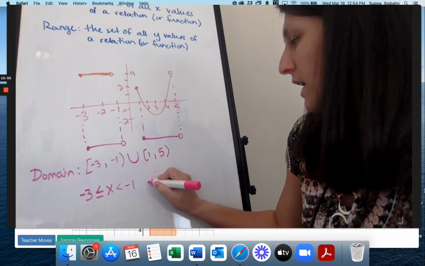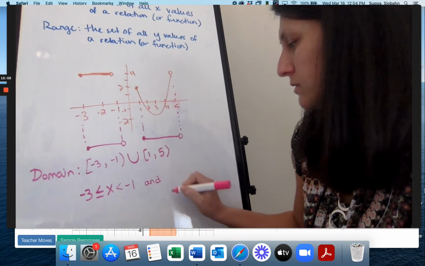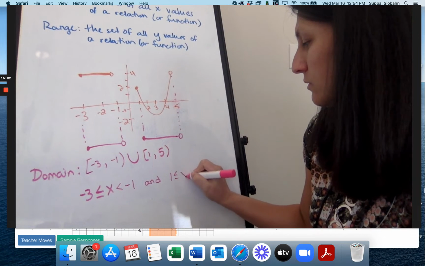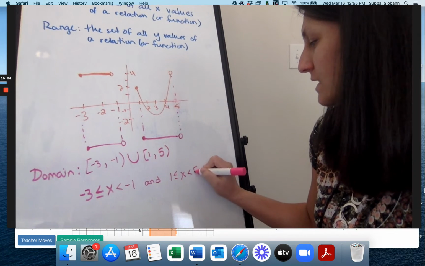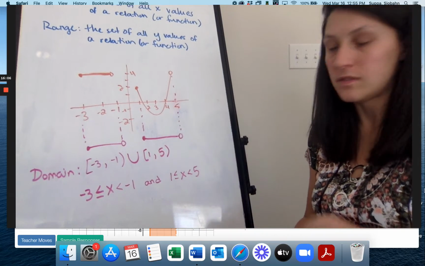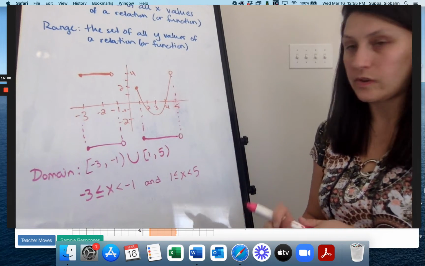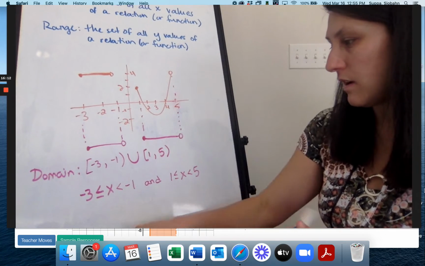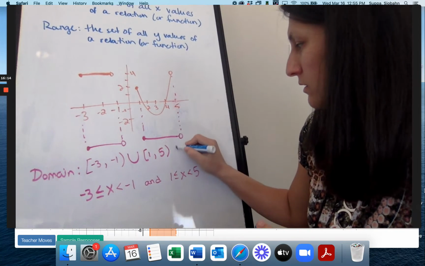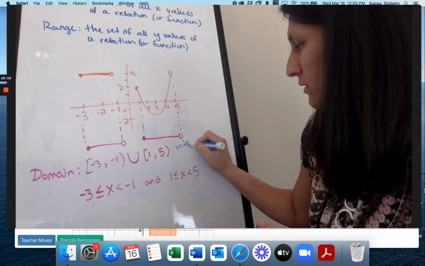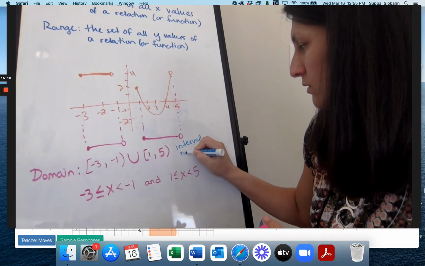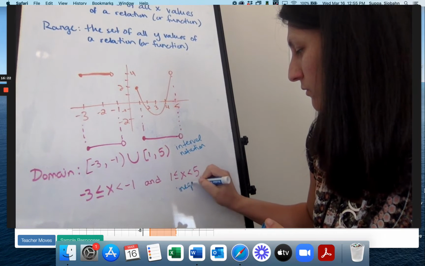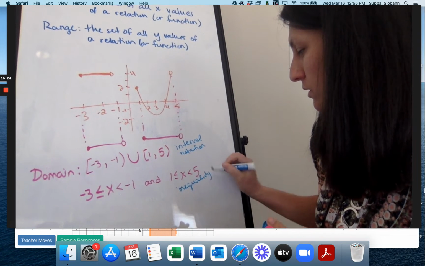And then we just write the word and: x is greater than or equal to 1, and less than 5. So there are both notations for you, the interval notation and the inequality. Again, it's good to know both.